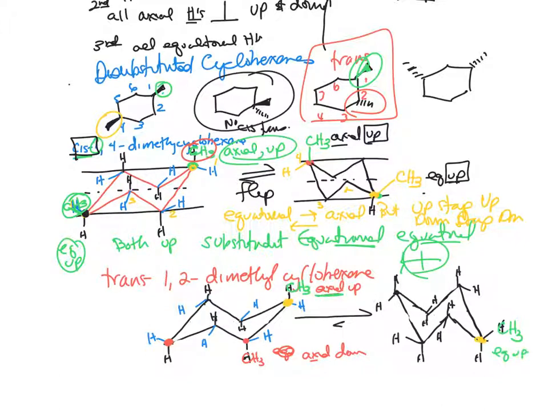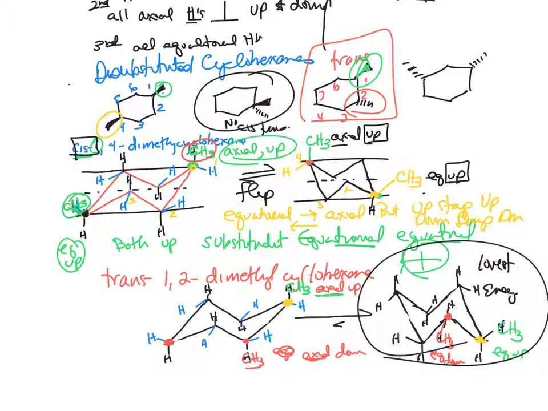So this is equatorial up. And then this CH3 next door is down. And so it's axial down. So it becomes equatorial down. That's equatorial. And notice it's down. It's below the ring. And so with both substituents being in the equatorial position, this is going to be your lowest energy.